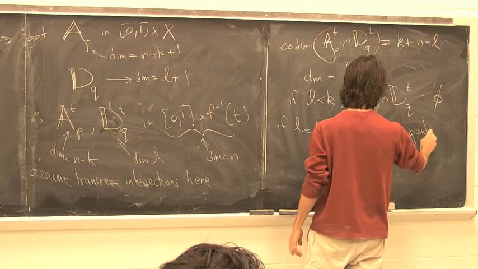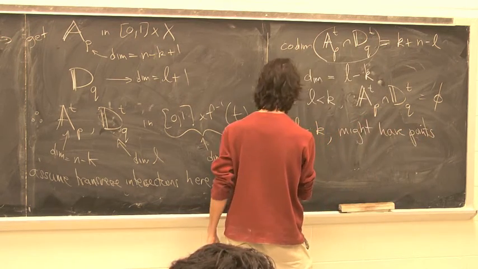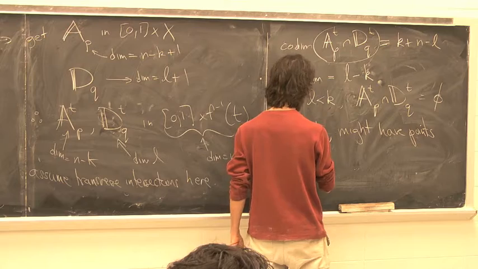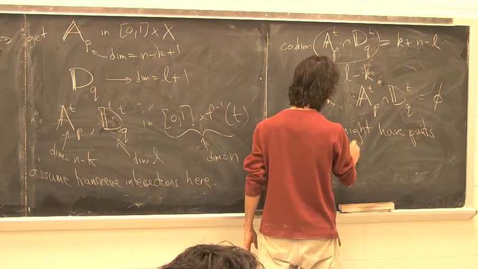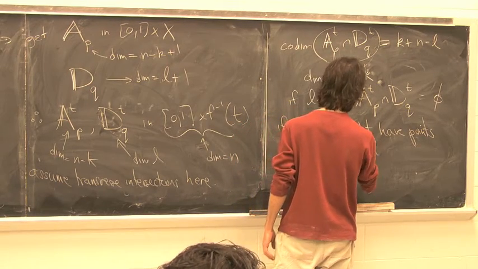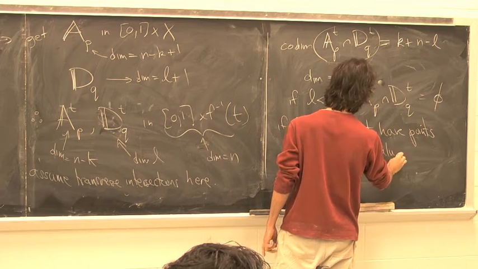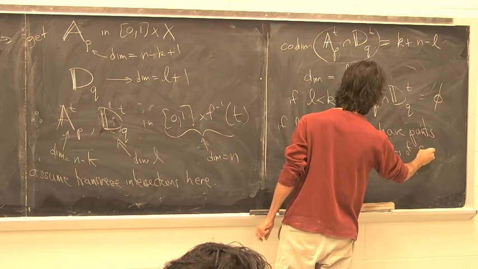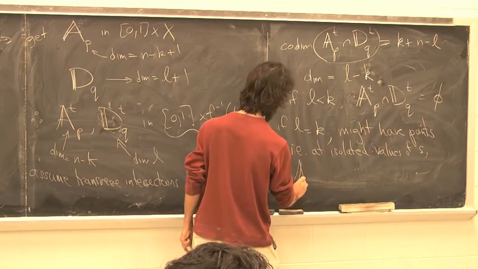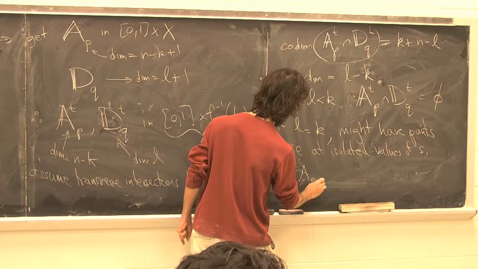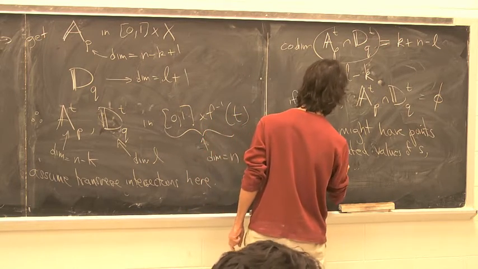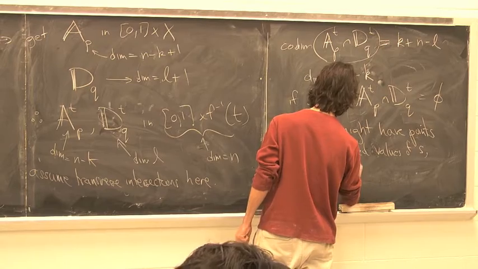That means at particular times, i.e. at isolated values of s, you have a P_s intersecting Q_s.